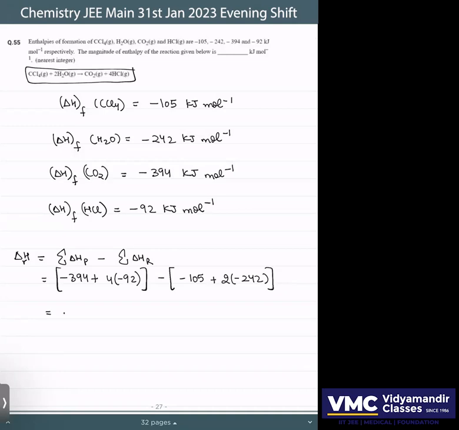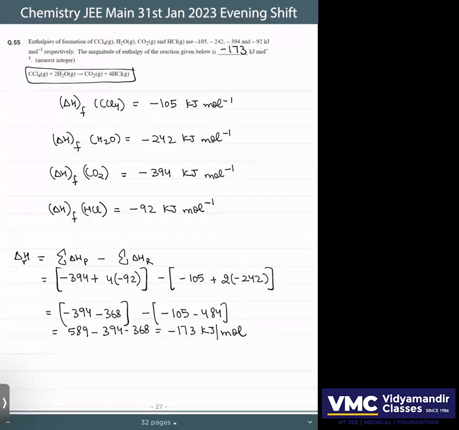Correct? So it will be minus 394, minus 368, minus of minus 105, and minus 484. This will be 589 minus 394 minus 368. The value will come out to be minus 173 kilojoule per mole. So the answer to this question is minus 173 kilojoule per mole.